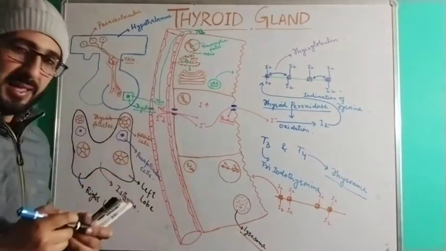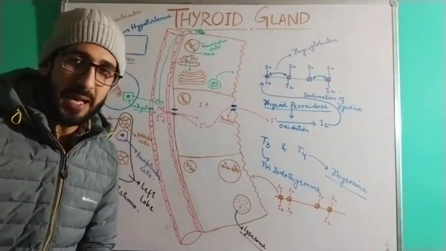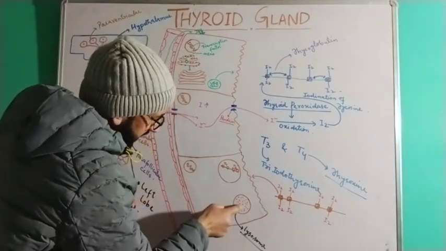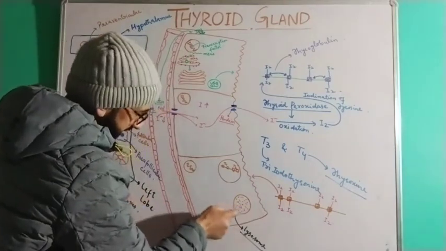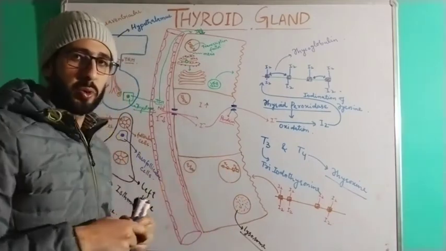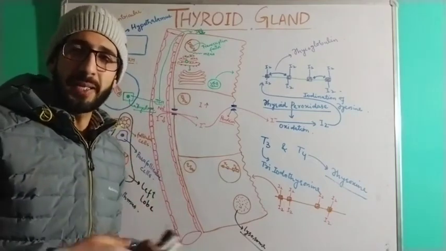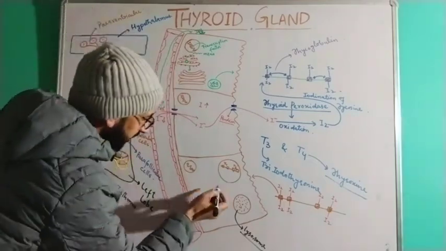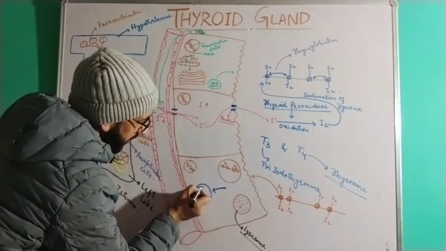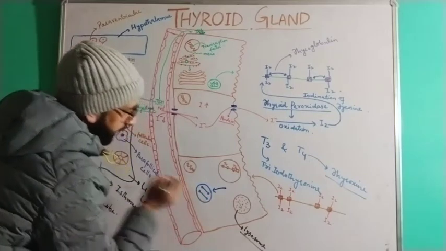Fine. This vesicle is the lysosome, and we all know that lysosome has different enzymes inside, right? And what will happen is that this lysosomal vesicle will fuse with this vesicle which has the thyroglobulin colloid inside, and it will start degrading, or breaking those bonds, and ultimately we will have this vesicle with T3, and we will have T4. Fine.